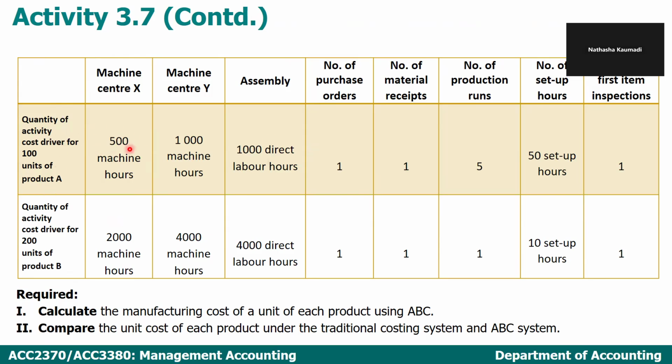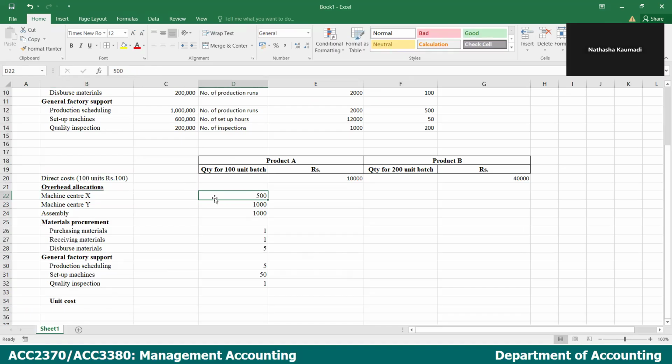We need 500 machine hours from machine center X to produce 100 units of product A. So I have written that information here for my purpose. You also can do the same.